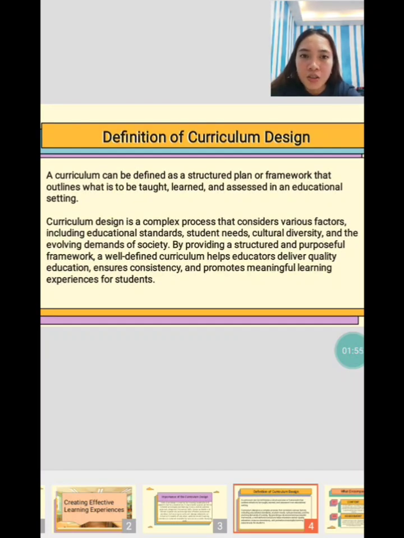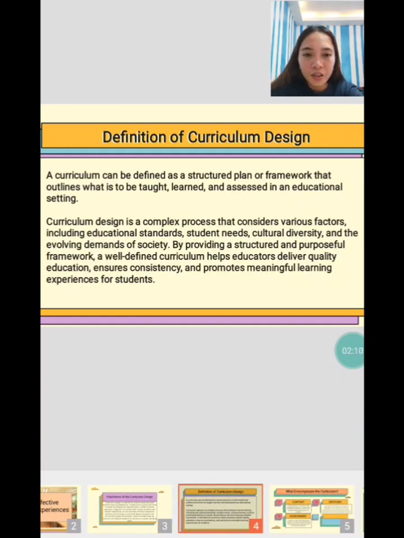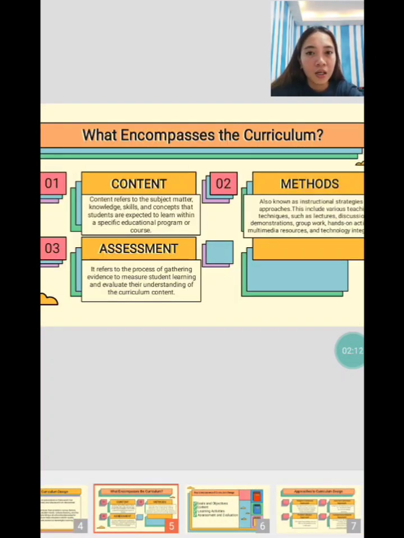By providing a structured and purposeful framework, a well-defined curriculum helps educators deliver quality education, ensures consistency, and promotes meaningful learning experiences for students. Next slide is about what encompasses the curriculum.